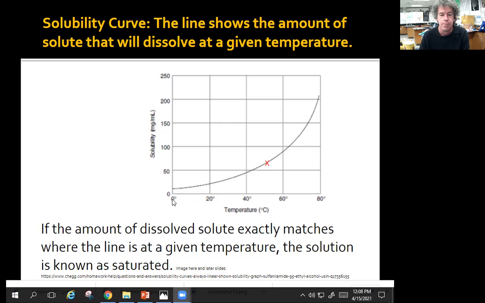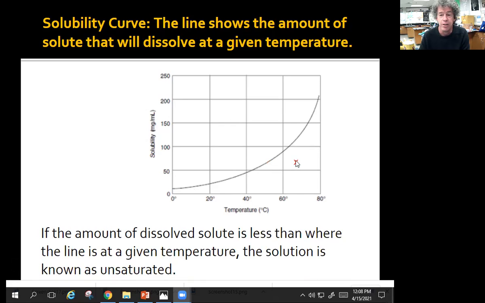And so you see in this case, as you get warmer and warmer temperatures, the amount of stuff that will dissolve goes up. Okay? Now, if it exactly matches, so if the amount of stuff that's in there is on the line, the solution is known as saturated. So this line represents a saturated solution.